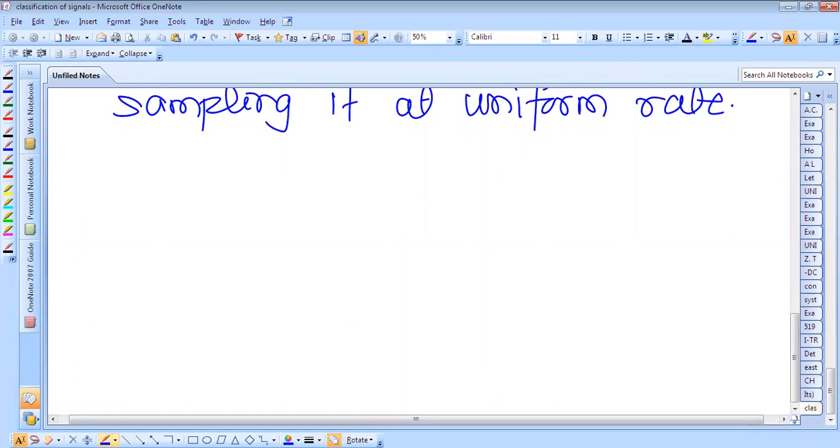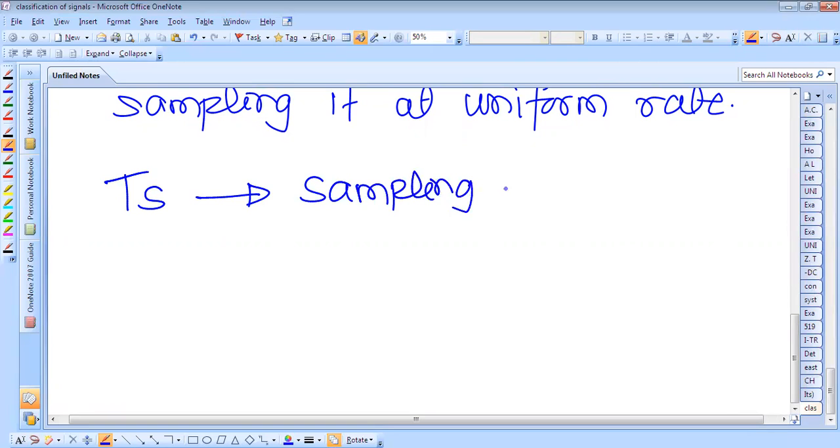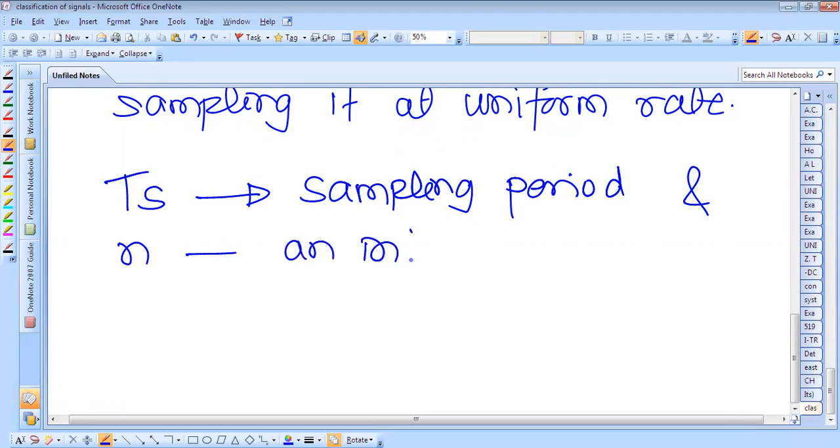Therefore, let Ts be the sampling period and n denote an integer.